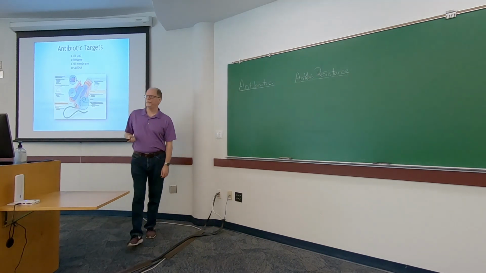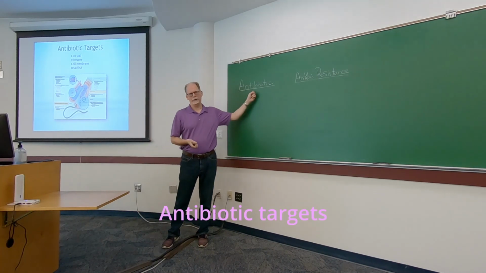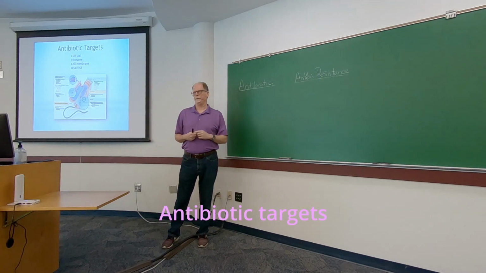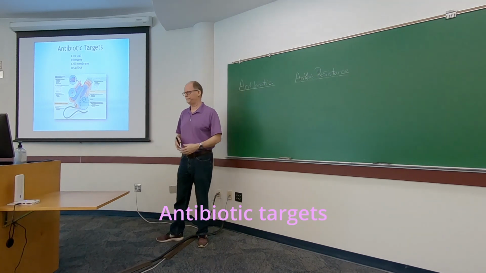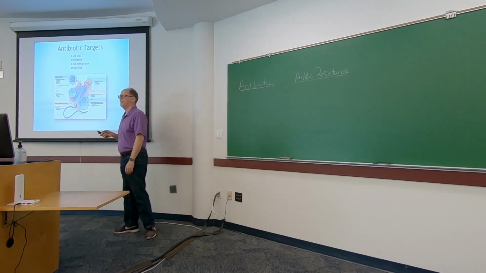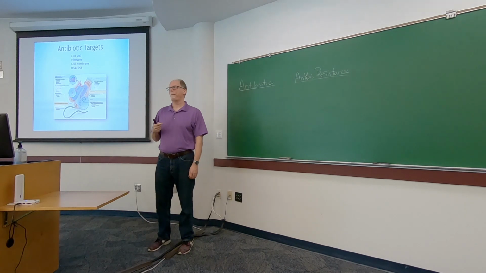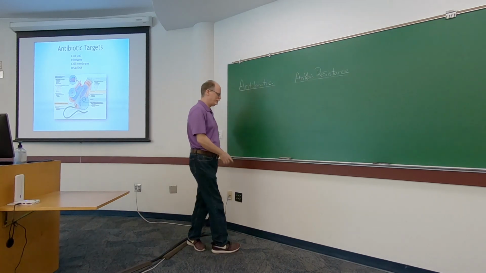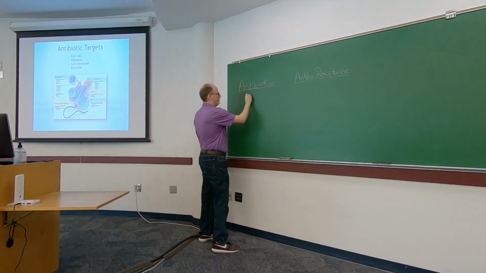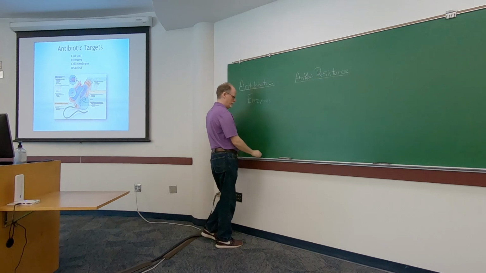But a target for the antibiotic is where in the bacteria is the antibiotic binding or affecting. So if it affects the cell wall like penicillin, then the bacteria have more trouble making their cell wall. Many times, right, in that case, it's inhibiting enzymes.